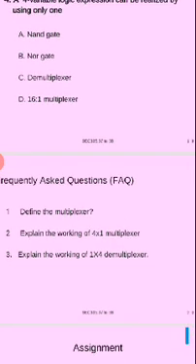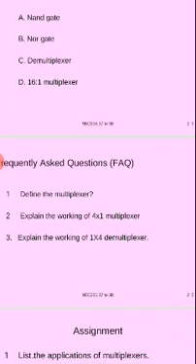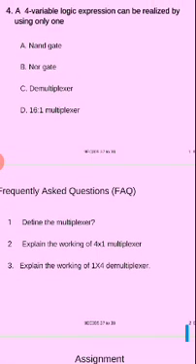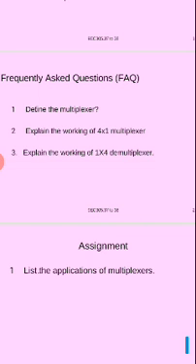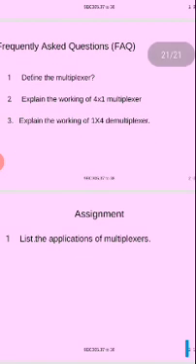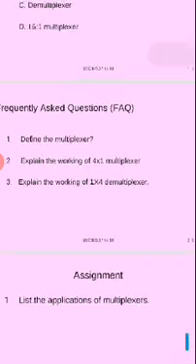Explain the working of 1 to 4 demultiplexer. These are the frequently asked questions. Assignment: list the applications of multiplexer.